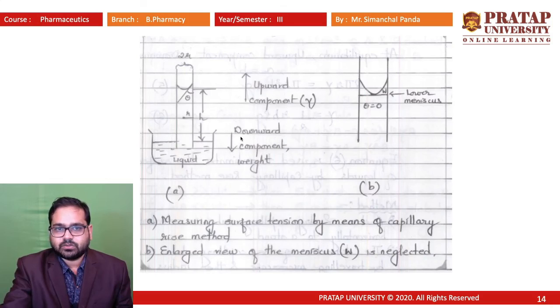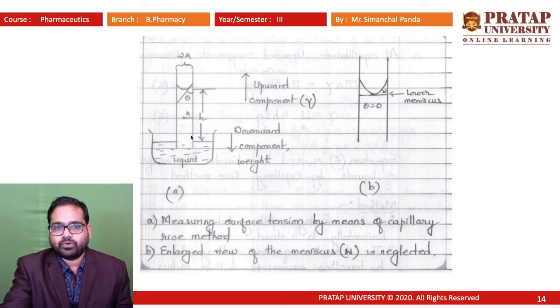Now we will derive the equation for the capillary rise method. The liquid is taken in a container with a small capillary. Wherever the meniscus is present, it has a height h and makes a certain angle theta. Previously, when there was only liquid, it was level.